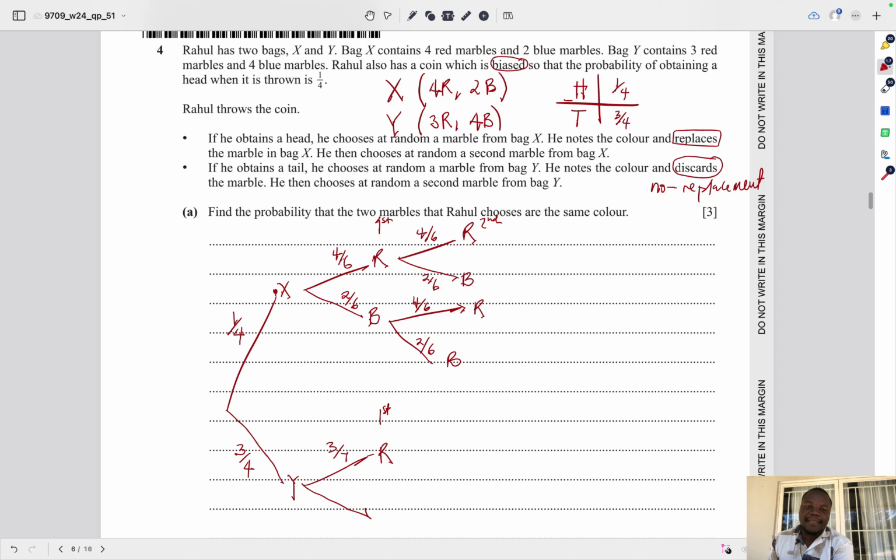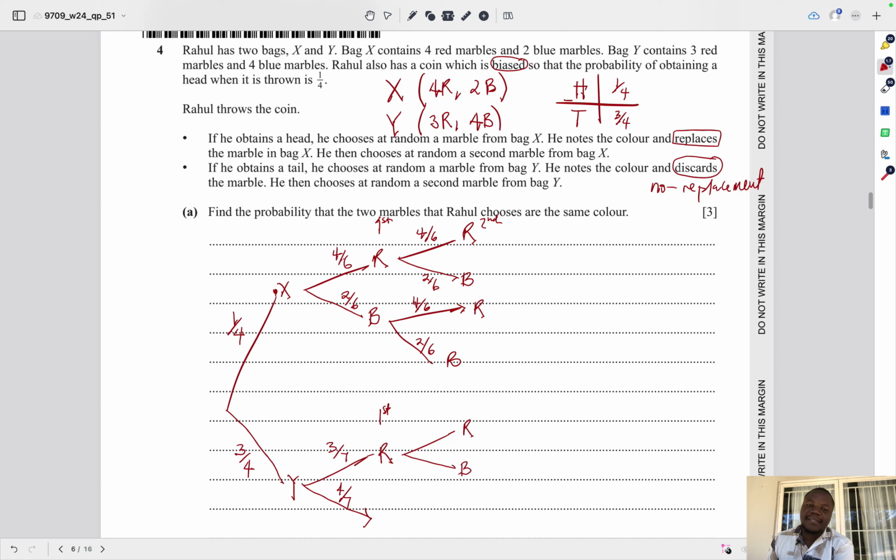And then the blue balls are going to be 4/7. Now remember, if he picks, he discards. It means when I come back to pick my second pick in bag Y, I'm going to have 6 balls. Okay, so I'm going to write this red and then blue like that.